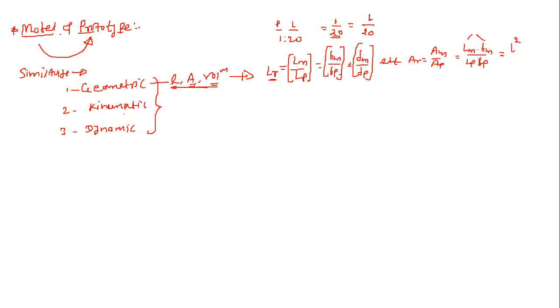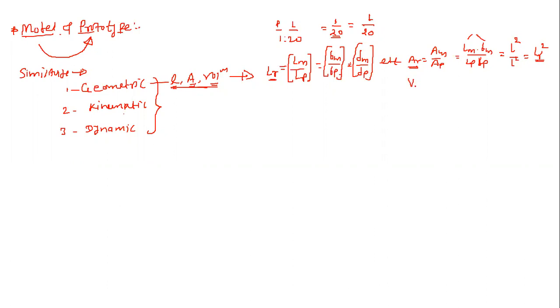L square of the model divided by L square of the prototype is written as LR square. This means the area scale ratio is equal to the square of the length scale ratio. If the model is geometrically similar and its length scale ratio is 1:20, then to find its area scale ratio we just have to square that.